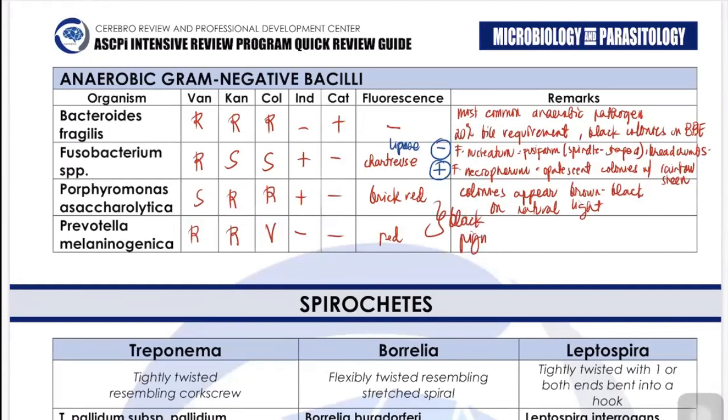Take note also of the indole negative result for Prevotella, which can be used to differentiate it from Porphyromonas. Prevotella is indole negative, Porphyromonas is positive. Both of them have black pigments. Both of them will have red fluorescence under UV light.